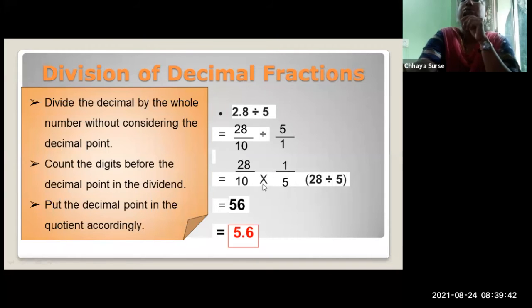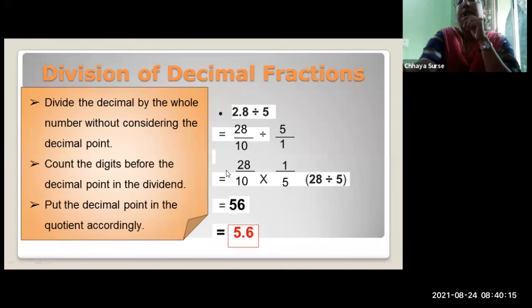Then this divide sign will be changed into multiply and this fraction 5 upon 1 will be exchanged in place. That is called the reciprocal. So the fraction 5 upon will be changed into 1 upon 5. Clear? So 25 divided by 5. Now 5 divided into 28.